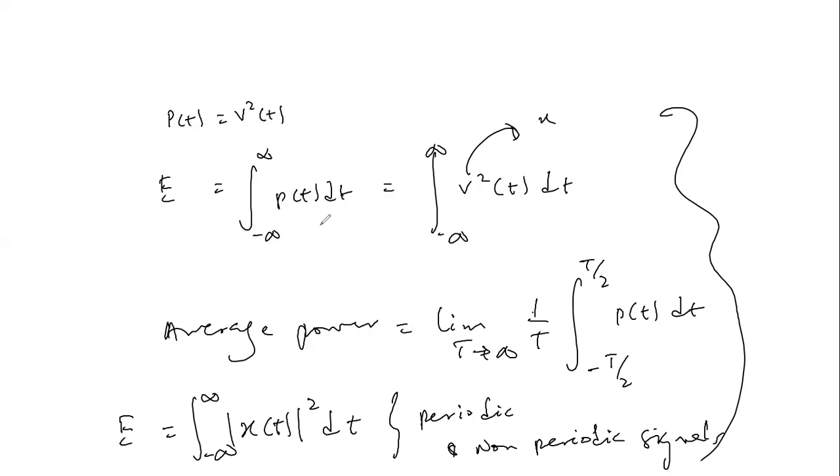Is that okay? And from this expression, we can also say that for a periodic signal, for instance, the power is the same as 1 over T naught times the integral over the fundamental time period of mod x of t squared dt. Okay?